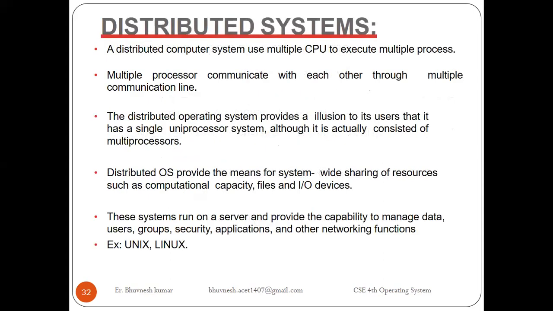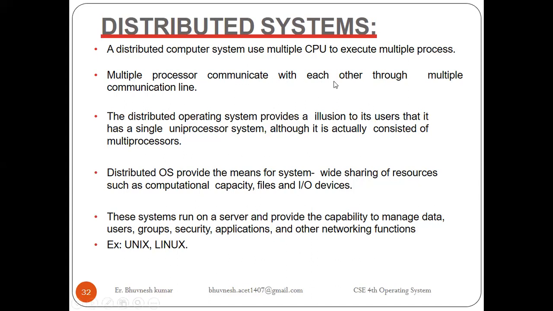And last is your distributed system. A distributed computer system uses multiple CPUs to execute multiple processes. There are multiple CPUs, and each CPU has a different memory. If there are different processors, meaning CPUs, then each and every CPU can execute a particular process.